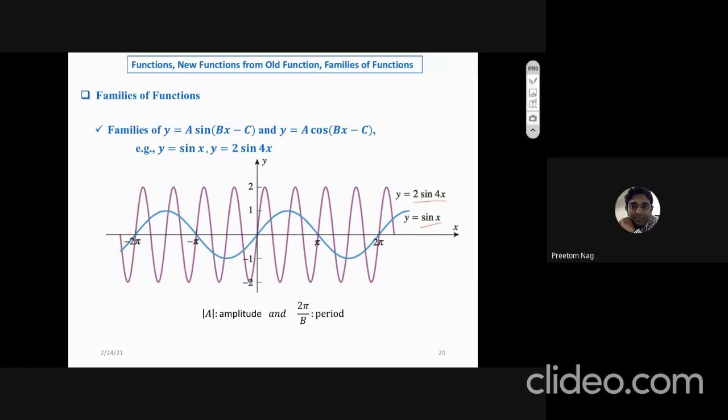In order to draw this graph, we will first draw our x-axis.